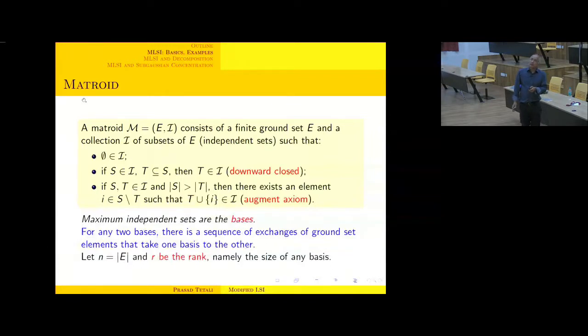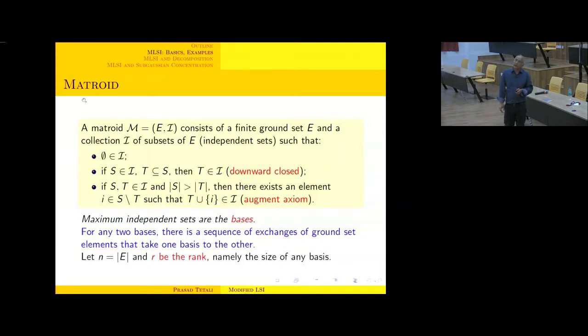The empty set should belong to the collection, and it's downward closed in the Boolean lattice, meaning if you have a set that belongs to the collection, then any subset of it should belong to the collection. Again, true, right? If you have a collection of independent vectors and you take a few vectors out, that's still independent.